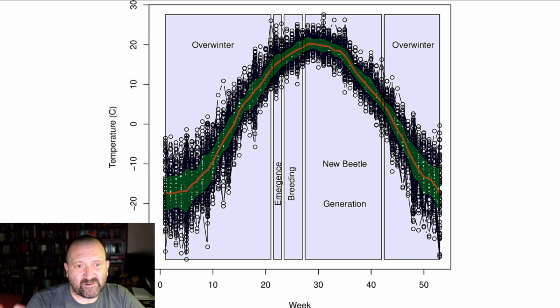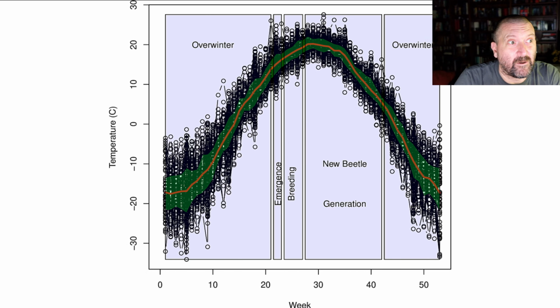So this is, I think, all the daily temperatures, the average temperature over a day, in Winnipeg over the last 30 or 40 years. This is also data that's available for free online.